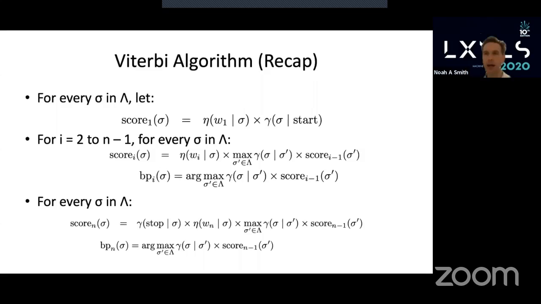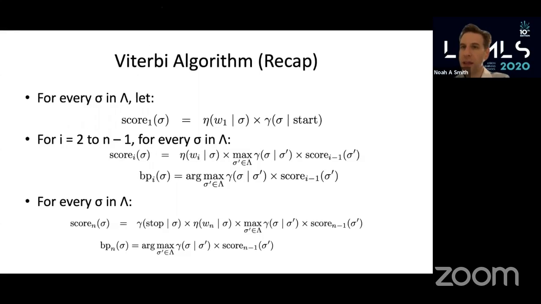If you recall, the algorithm has two parts. In the first part, we calculate prefix scores. That is the score for every prefix of every length of the input sequence, ending in every possible label or state. We calculate the score of the most probable path ending in that state up to that length.